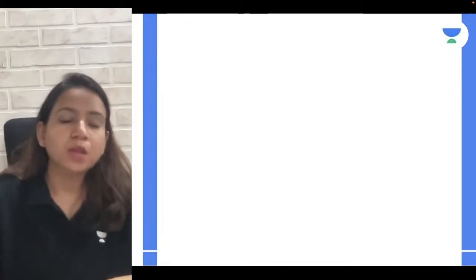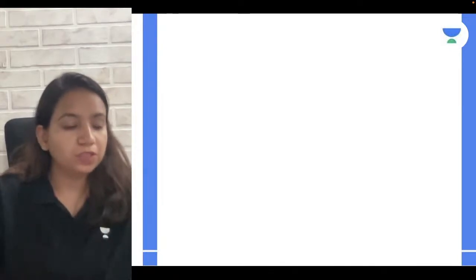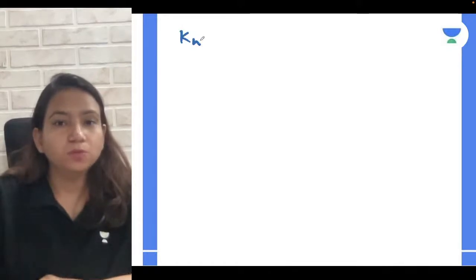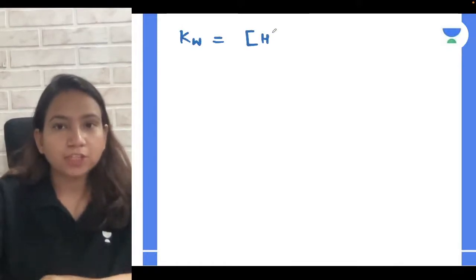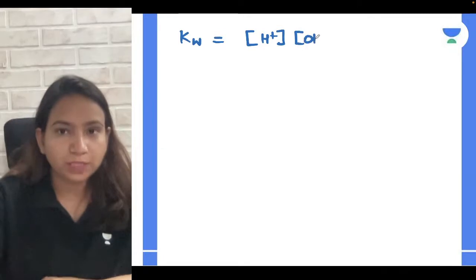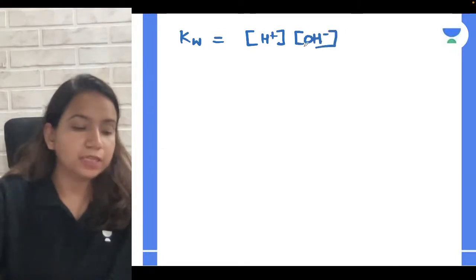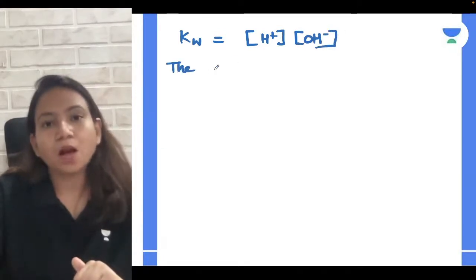It's very simple. Now, the next thing: Kw is equal to H plus ion concentration multiplied by OH minus ion concentration. So how can we define it?